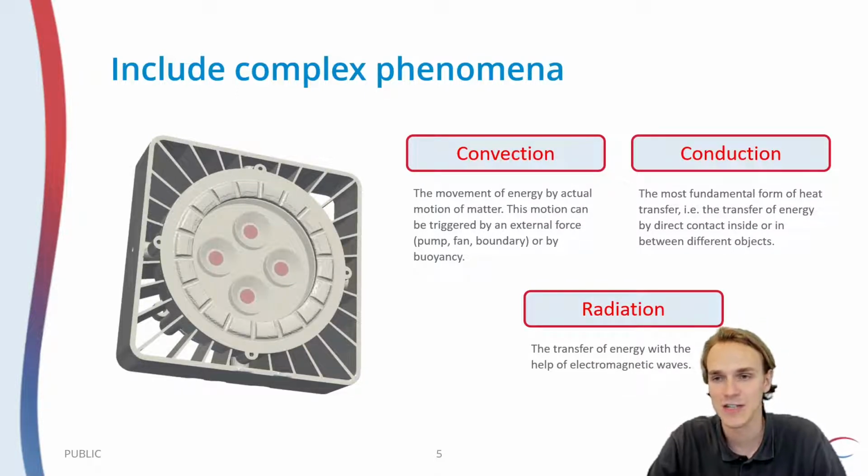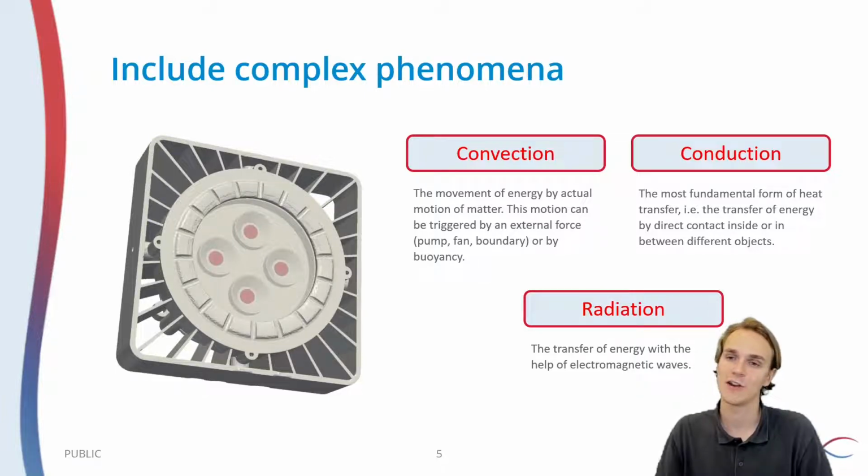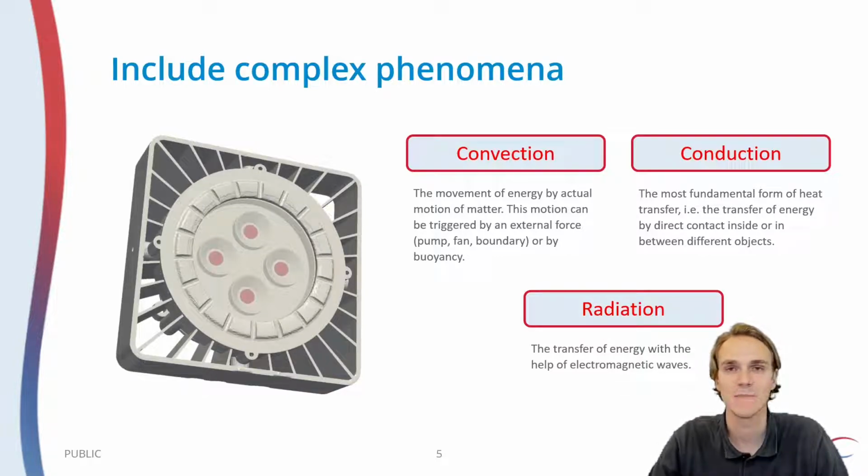Conduction is the most fundamental form of heat transfer. It is when different materials are in direct contact with each other, transferring energy, while convection is the transfer of energy through the motion of matter. In the context of LEDs, this is typically via the air volume surrounding the light fixture.